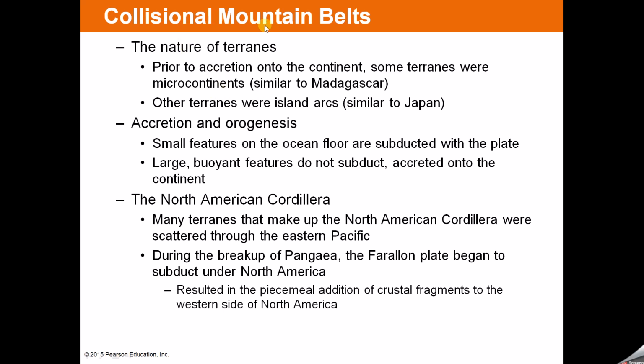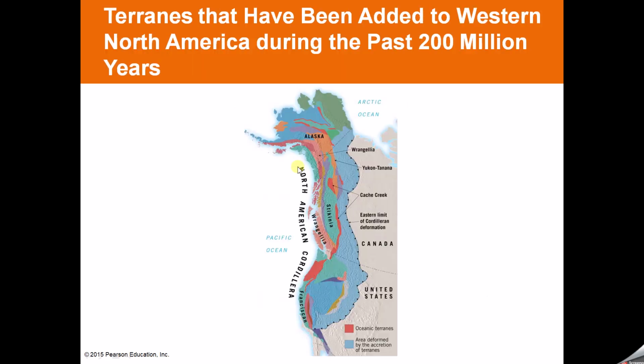So collision mountain belts, and we'll keep going here to show you the examples. So there are also these collisions and accretion. Here we have oceanic crust, this orange reddish color, inside the continent. This is the North American Cordillera, and it is deformed by the accretion of terranes, the blue ones here.